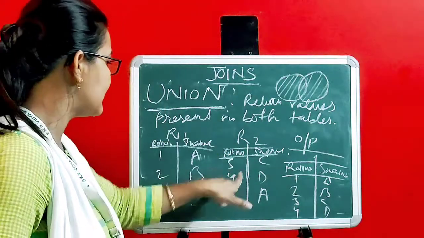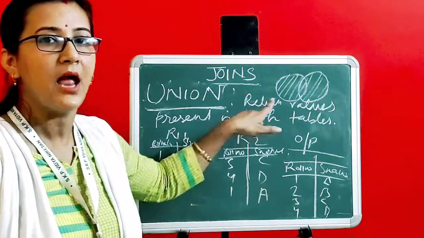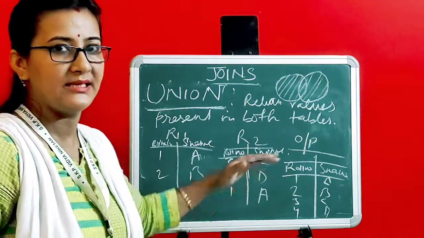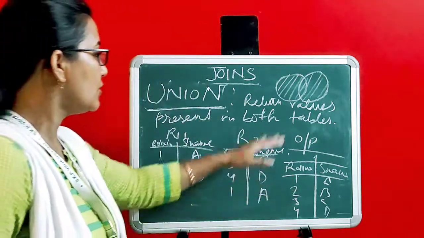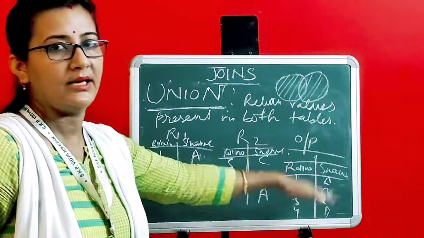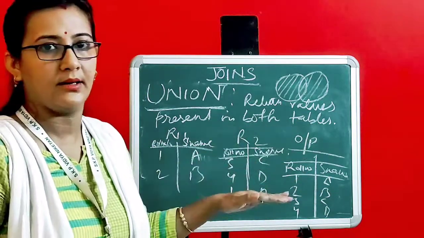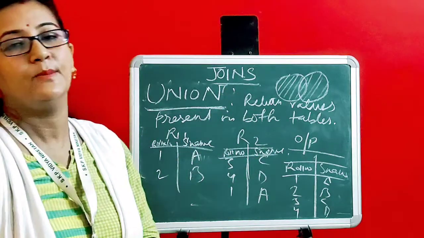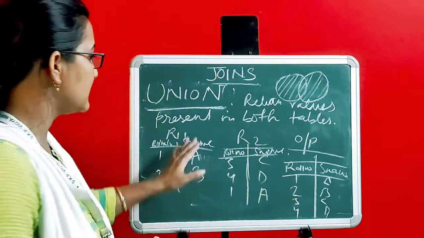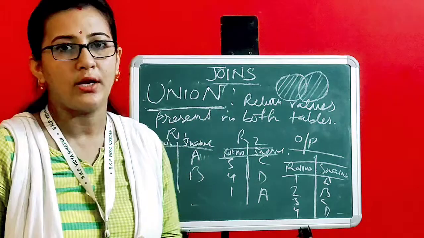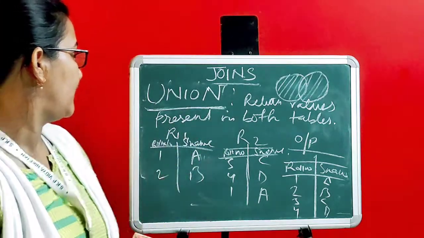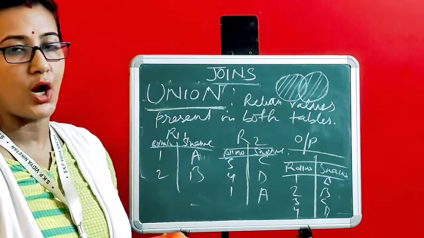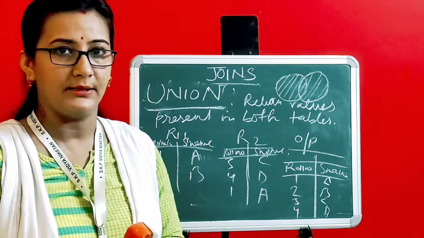Again, you can see this 1 is repeated in the R2 table, which is already present in the R1 table. Since it is a duplicate value, it will not give it as output, because the union join also removes the duplicate value. Okay, this is how the union join performs. But there are a few rules for union joins that you need to keep in your mind.